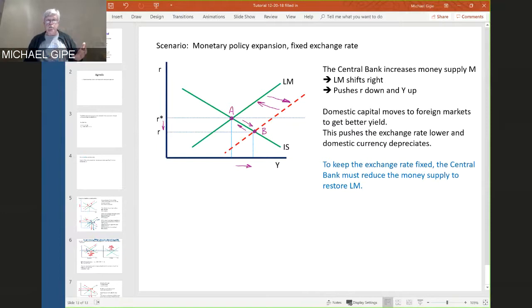So if there's a recession, there's things that can be done to bring it back up. And if there's an expansion period that's getting overheated, there are things that can be done to bring it back down to what should be the normal rate.